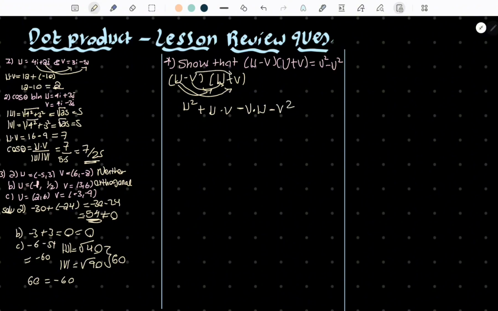As you know, dot product is commutative, so these cancel each other out, which gives us u squared minus v squared, which is equal to this. So this is how you can show that this particular statement is true.